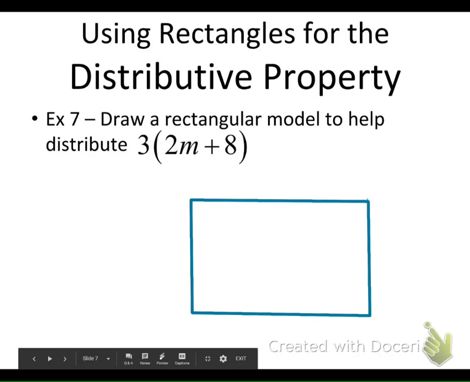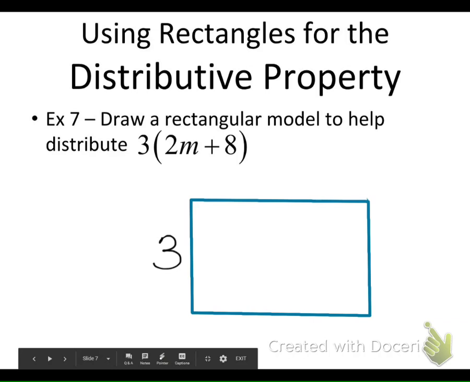It's going to be 2m. So my width is always my second group of numbers, right? So my height is my first number or group of numbers. So what's my height? Your height is 3. Okay. So I only need one height, so I don't need to divide my area model for height.